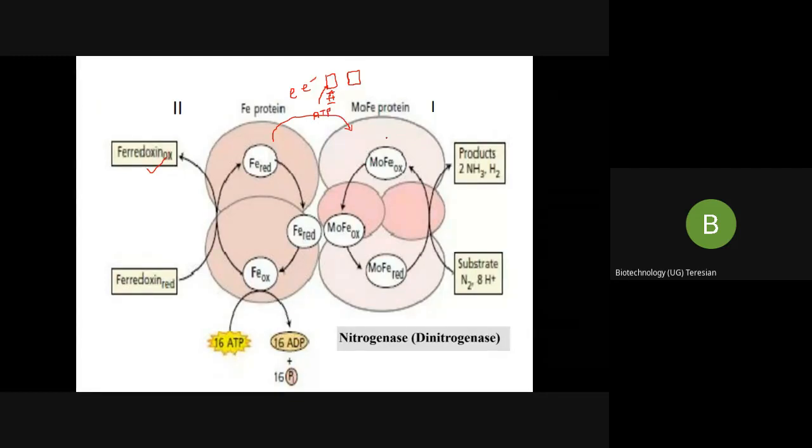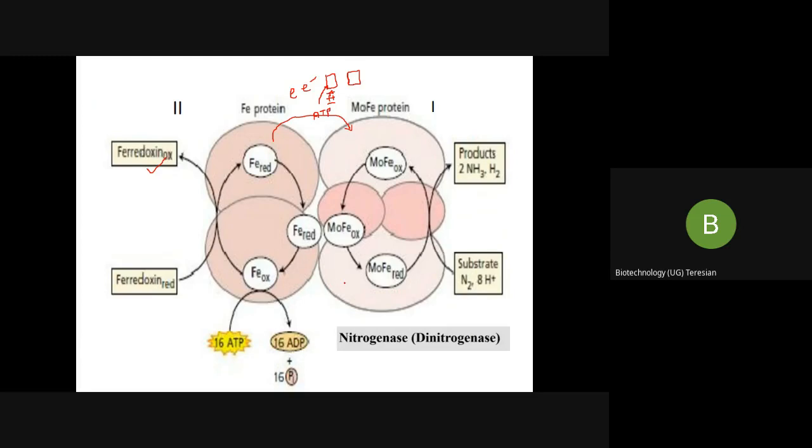And then your ATP is hydrolyzed, that is, it gets converted to ADP and phosphate. 16 molecules of ATP are gone. Energy is lost because of the reaction which is happening. So your ATP is hydrolyzed to ADP.